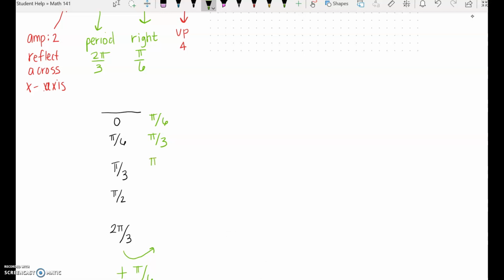I think this is pi over 2, and then I've got 1/2 plus 1/6, which is 2 pi over 3, and then the 2/3 plus 1/6 is 5 pi over 6. Okay, so these are the x values that I'm going to be plotting.